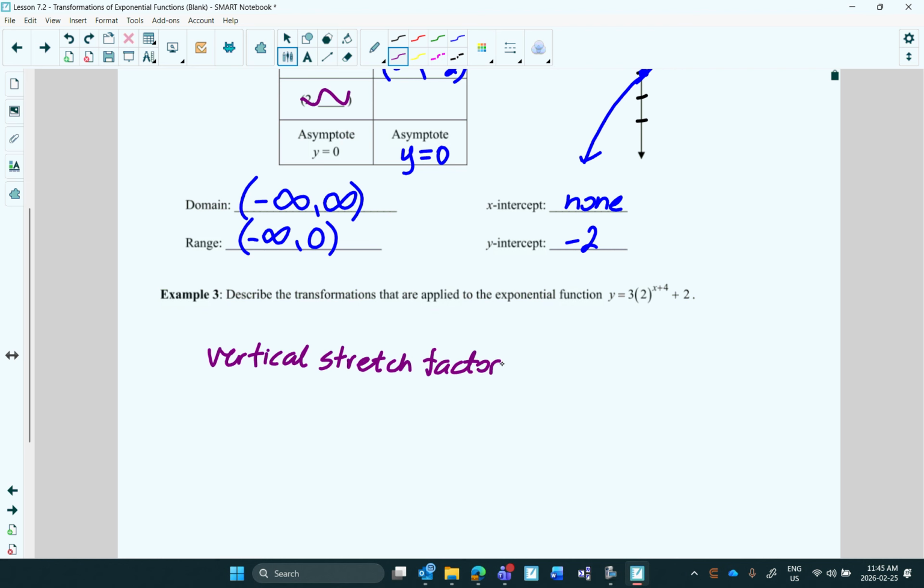Doesn't flip. Okay. Horizontal shift. Left 4. Yeah.